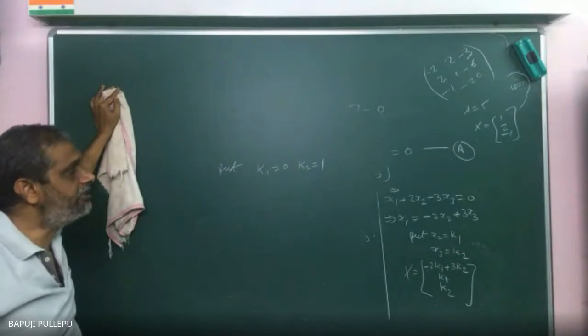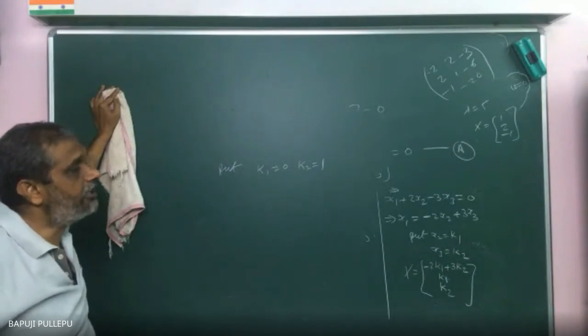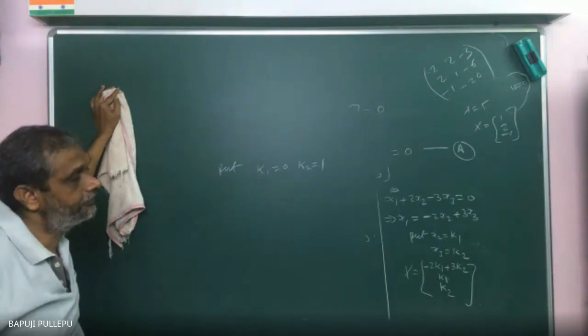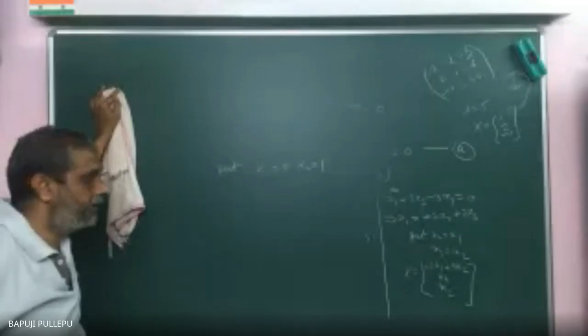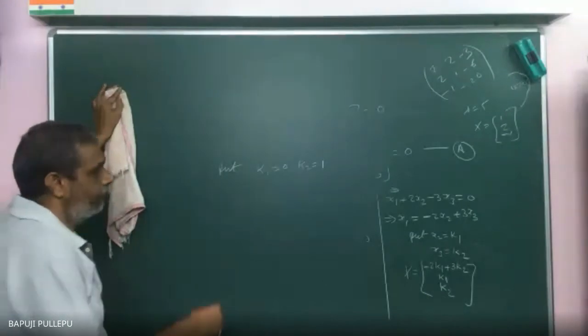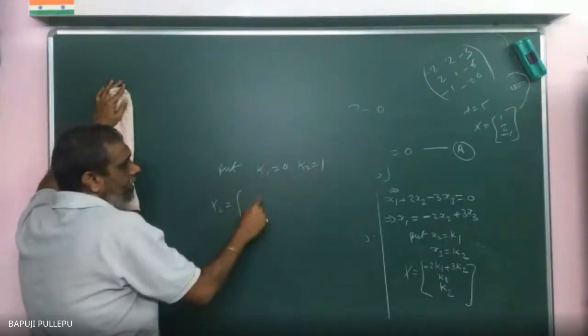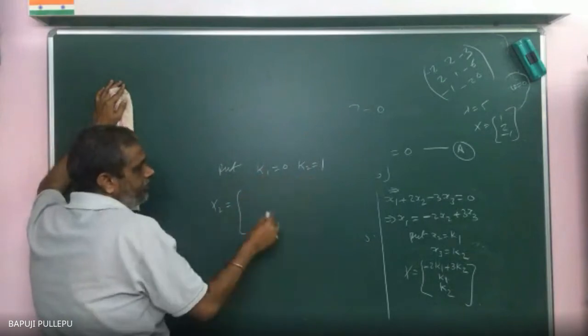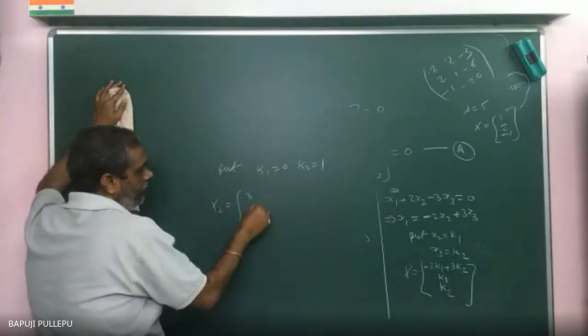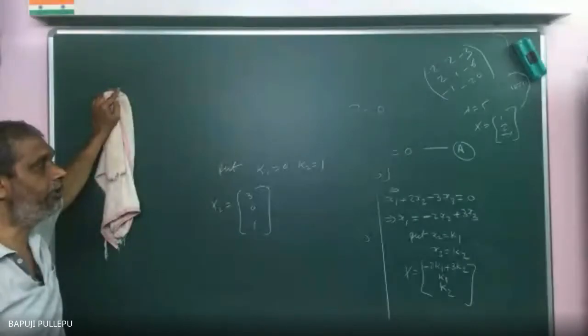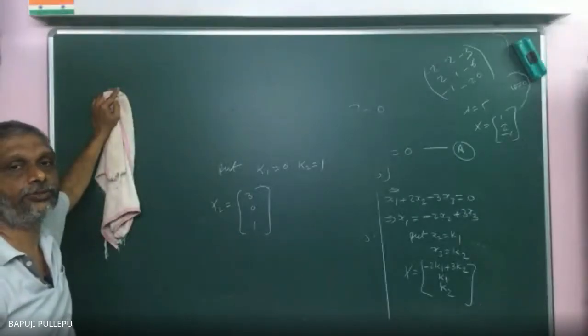If I take k1 is equal to 0, k2 is equal to 1, what is my x1? Tell me. 3. Correct or not? Yes, sir. So x1 is 3, x2 is 0, x3 is 1, that is 3, 0, 1. Are you agree, sir? Yes, sir. Now next time I will put k1 is equal to 1, k2 is equal to 0.